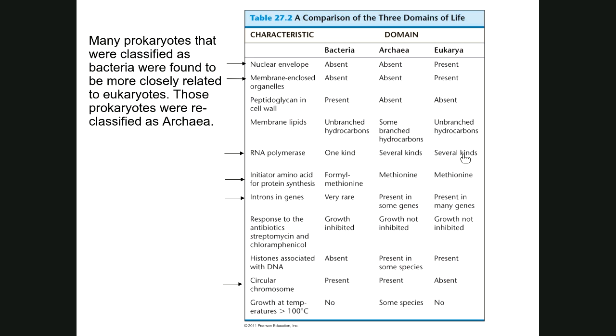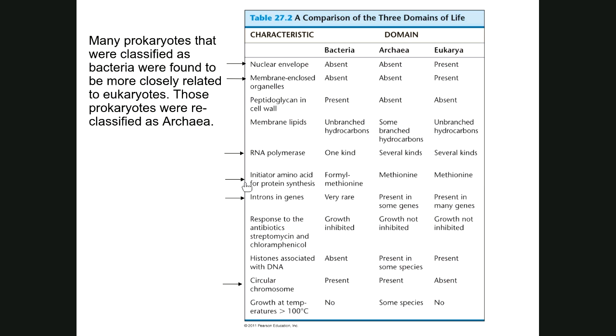We focus on 2, but I tell them just know RNA polymerase. So that's a major difference between prokaryotes in the domain bacteria and domain eukarya, but look at archaeans. Even though they're prokaryotes, they don't have one kind of RNA polymerase. They also have several kinds like eukaryotes do. So now they have a trait that's similar to this group here.